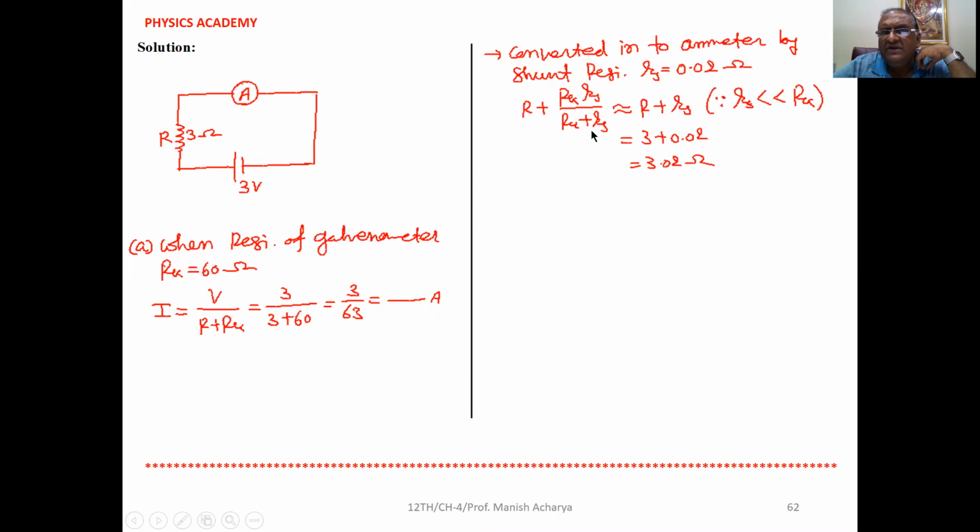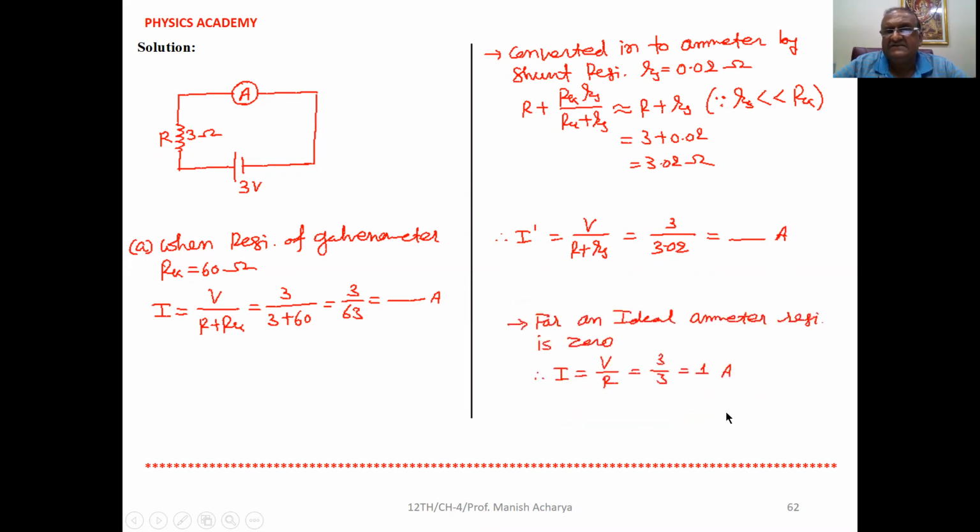So in the denominator, if we neglect Rs, then Rg cancels. So this is nearly equal to R plus Rs. So 3 plus 0.02, the resultant resistance of the entire circuit, is 3.02 ohm. So now the current I dash equal to V upon R plus Rs, that is 3 upon 3.02. Calculate it, you will get the answer.